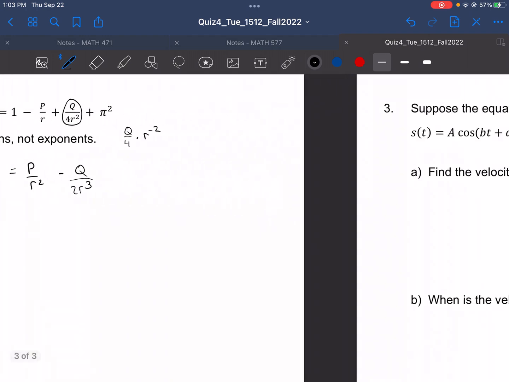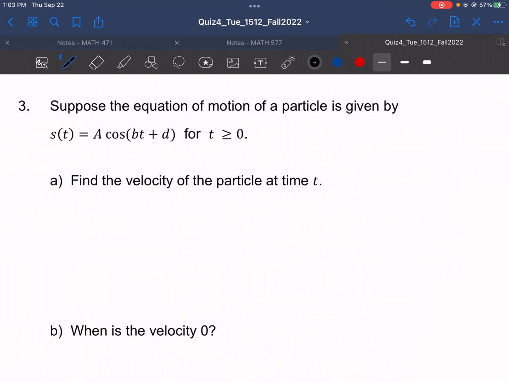And then the last problem, which was the same on both quizzes, was given some function s of t. Part a says find the velocity. So this is our function. We know a, b, and d are all constants. So we could do the derivative of the inside.